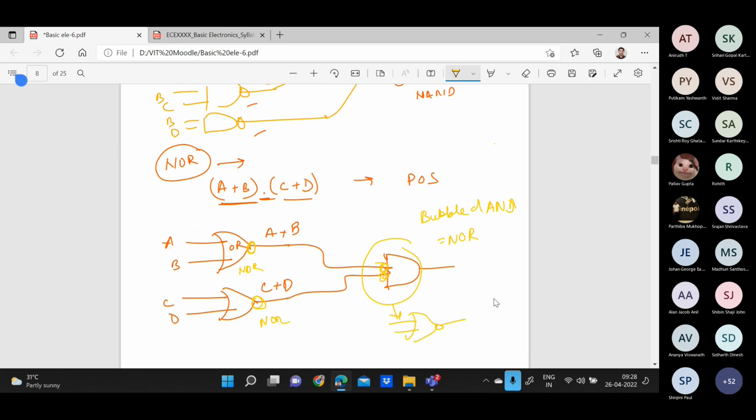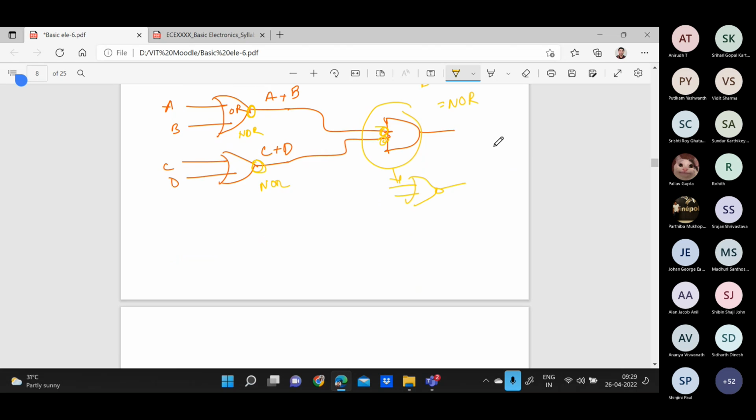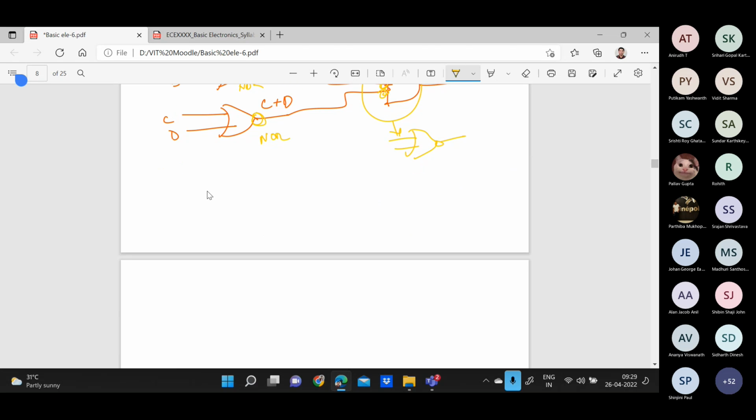Okay, fine. So this is the way of representing. For example, if you have any function which is in POS form or SOP form, how can you convert between POS and SOP? That is the next important thing for us. For example, you have a function like A plus CD. You can say it's SOP form, sum of product form. Tell me.